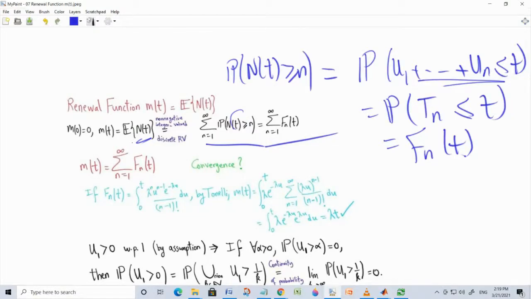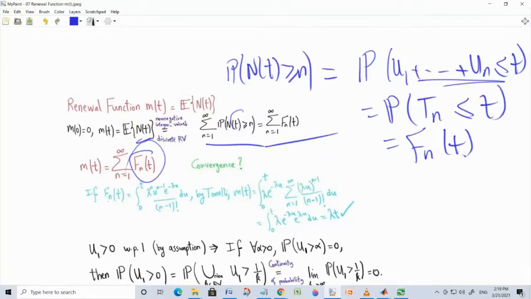So now we have basically a double level of scary things. Again, Fn(t) itself is not a nice quantity at all. It's the CDF of the sum of n IID random variables. And now we are taking those guys and summing them from 1 to infinity.